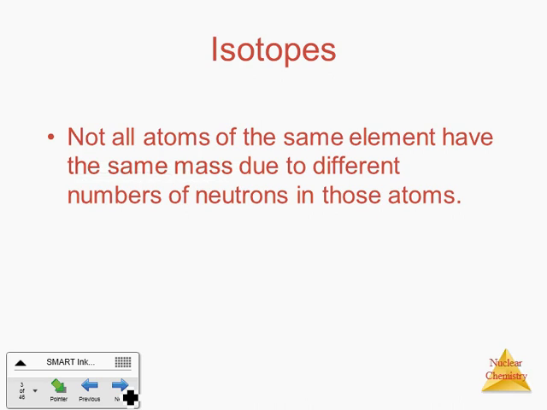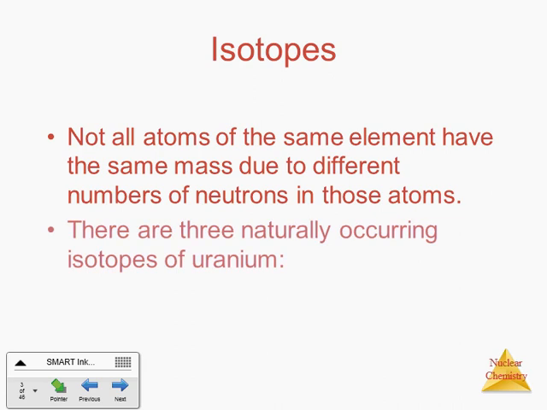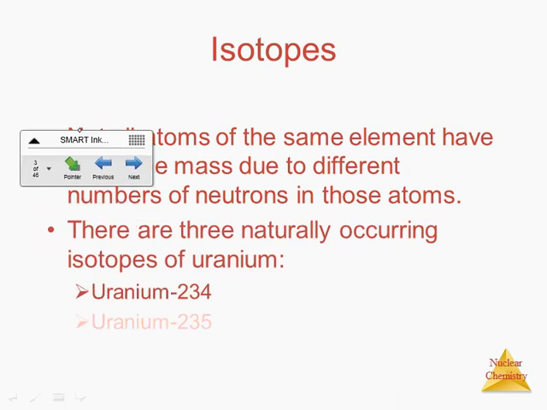Okay, isotopes. Again, we talked about this in the last unit as well, so we don't need to talk about this much. But some atoms of the same element will have different numbers of neutrons, and that causes them to have different masses. Some of those isotopes are radioactive, which we're going to talk about in a minute.